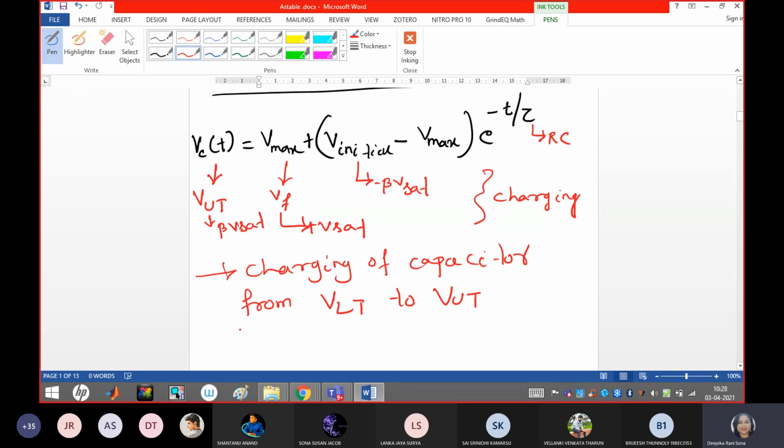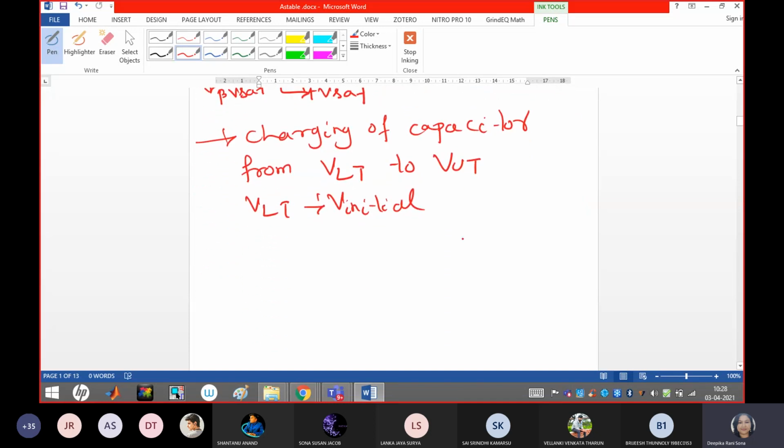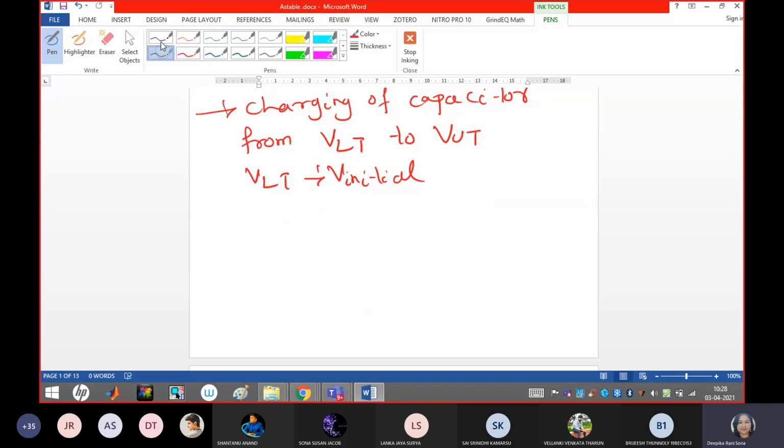Then here VLT is represented as initial voltage, V initial, and the remaining thing I have already explained. And here one more assumption I have to take.